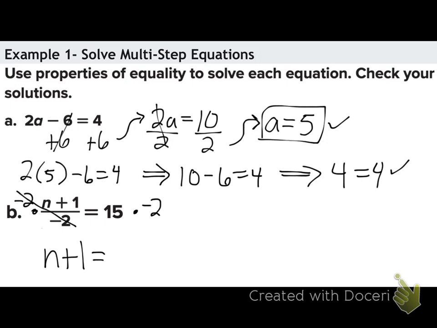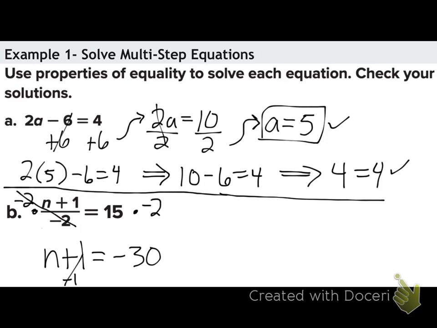Right side, what's 15 times negative 2? Negative 30. Now, what number is also on the same side of the equation as n? 1. It's n plus 1. What would I have to do to cancel out this 1?